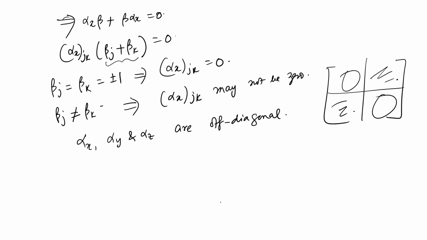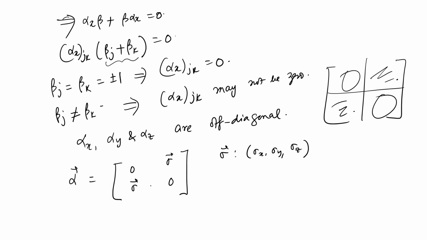In fact, this alpha matrix can be written, as we will show, as 0 and sigma, and sigma and 0, where sigma are the Pauli matrices: sigma x, sigma y and sigma z. Automatically it tells you that it becomes a 4 by 4 matrix.